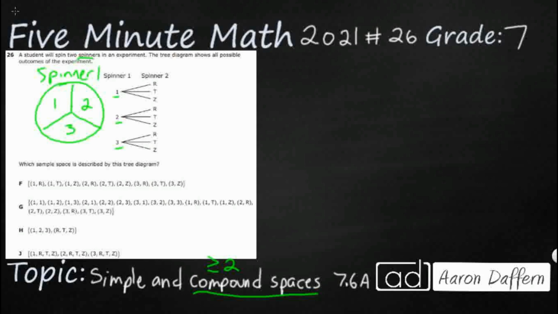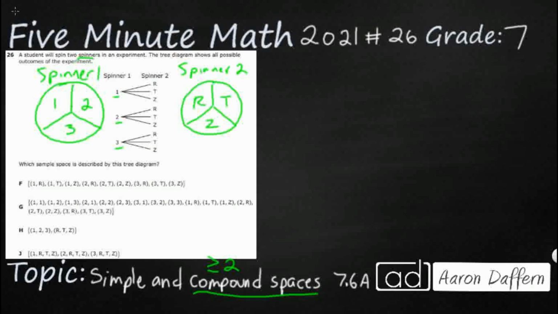But then you've got spinner 2, and you can also tell it has three possible outcomes. Instead of numbers, we've got letters, but it's going to be in thirds as well. And you've got the same pattern repeated, R, T, Z. So those are my two spinners.